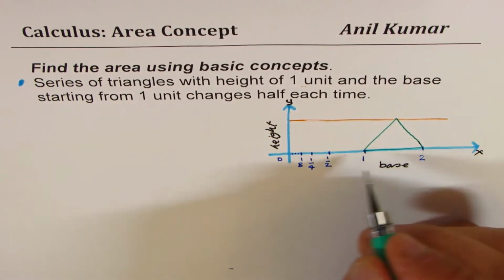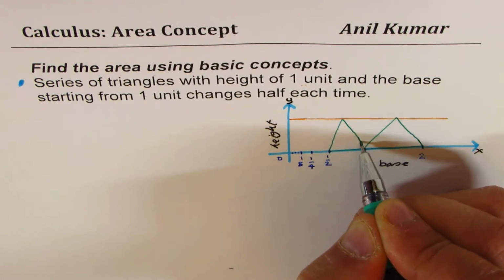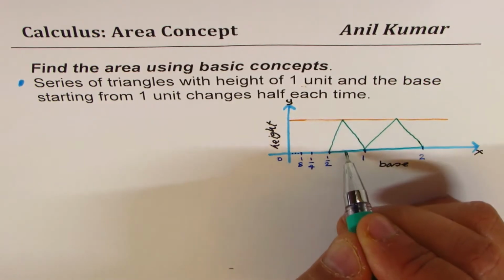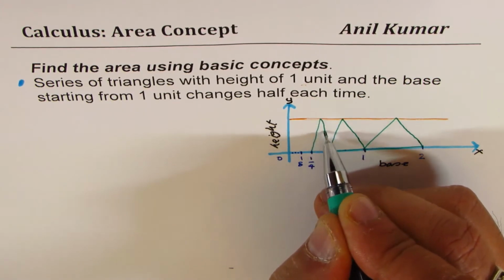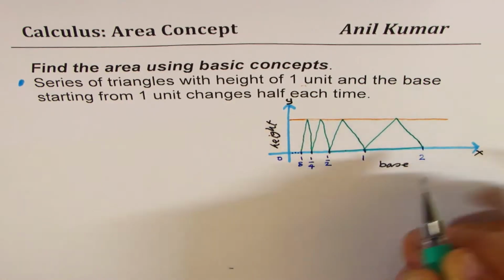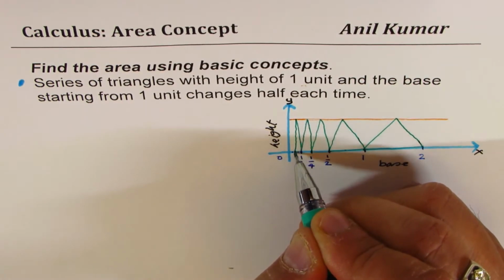Do you see that? Now the base reduces to half and we have another triangle. It doesn't really matter where this vertex is as far as the height remains same for the area, right? You understand that part. So let me sketch series of triangles with reducing base. So every time it becomes kind of half of the previous one.